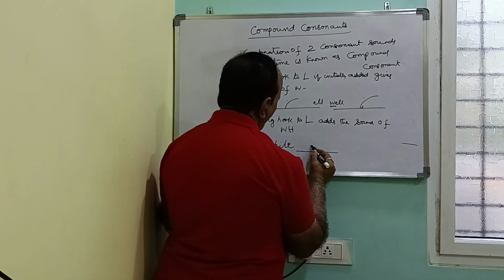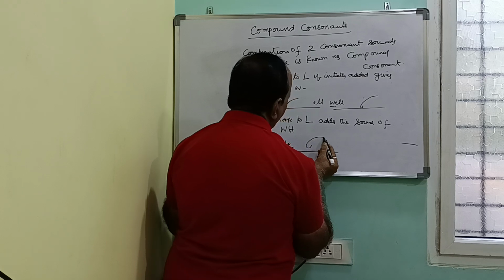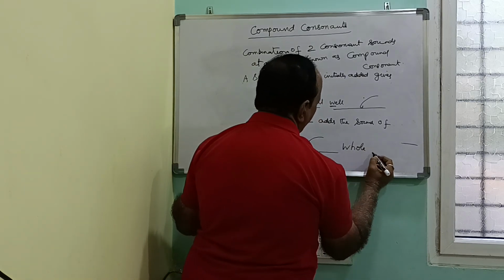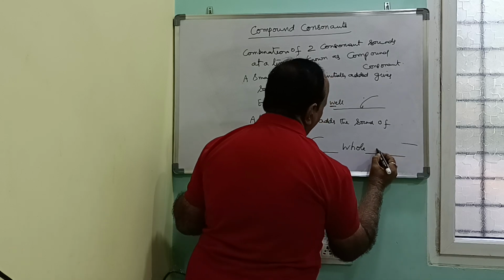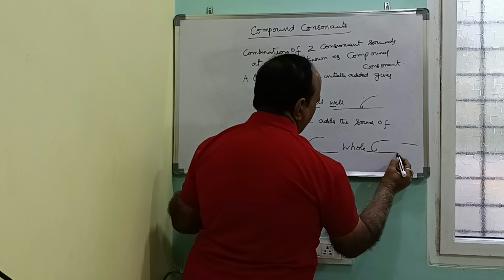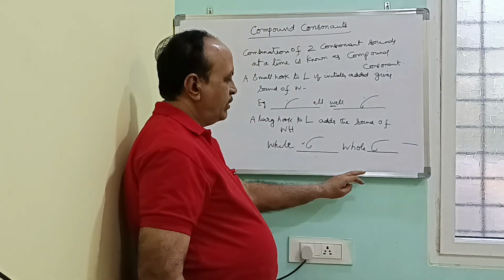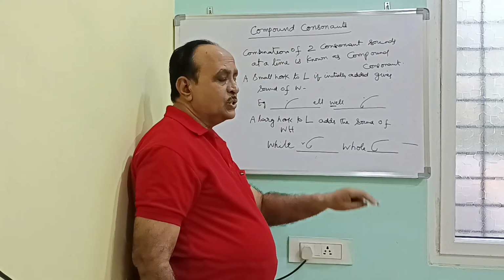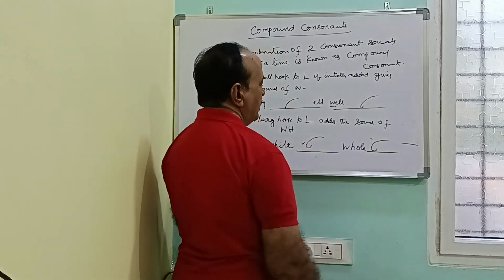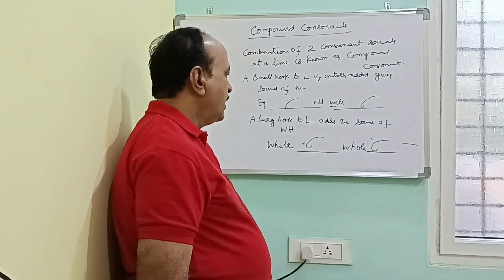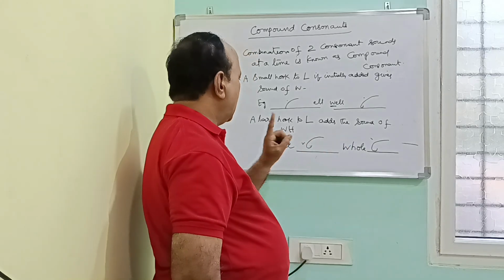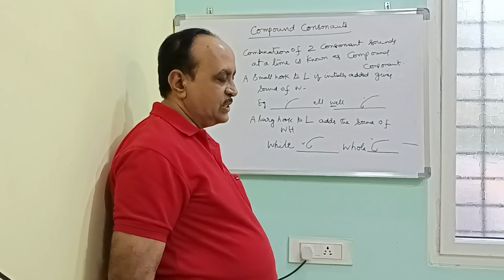I am writing the stroke L with a big hook here. I have added a large initial hook to the stroke L. It gives the sound of WH, whole, like this. If you add this big hook initially to stroke L, it gives the sound of WH.